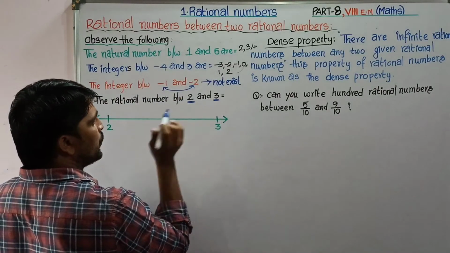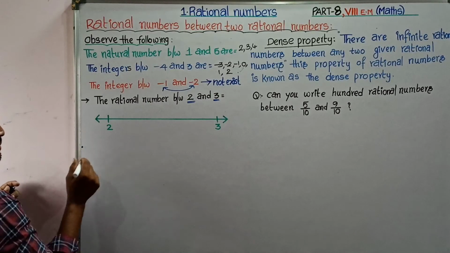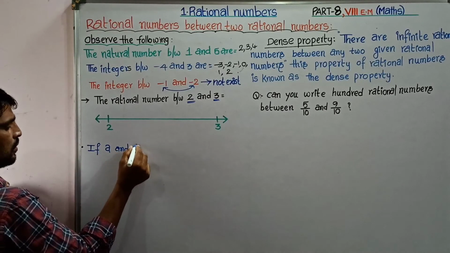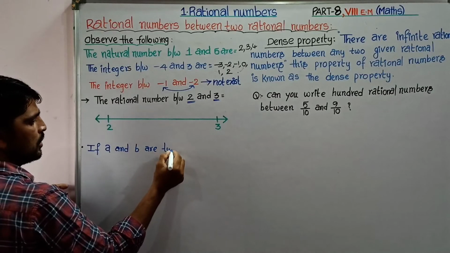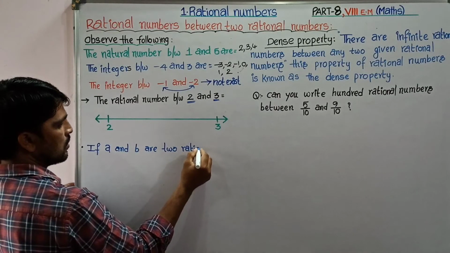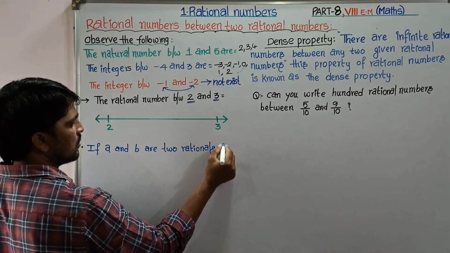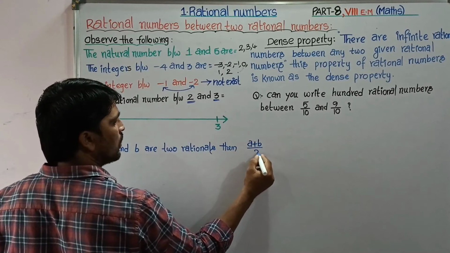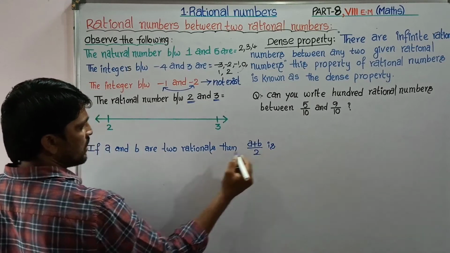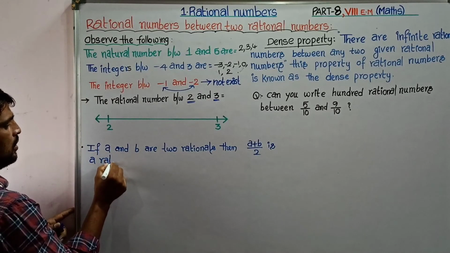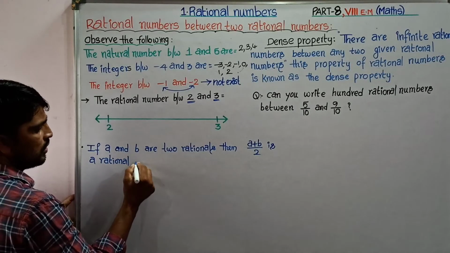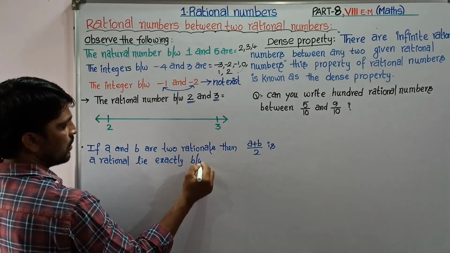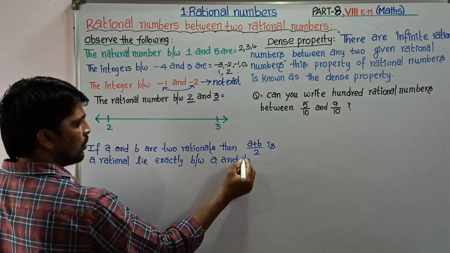For finding a rational number between them, we have a formula: if A and B are two rational numbers, then the average of A and B, that is, the sum A plus B by 2, is a rational number that lies exactly between A and B.